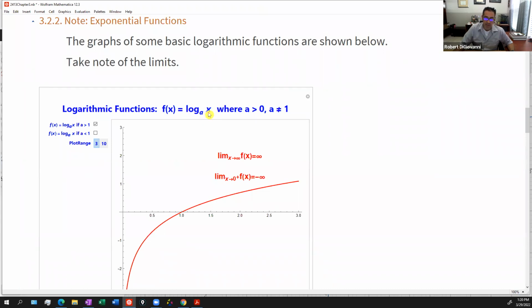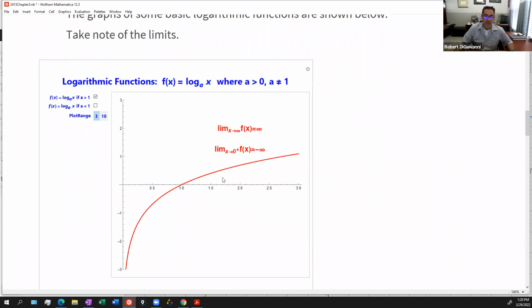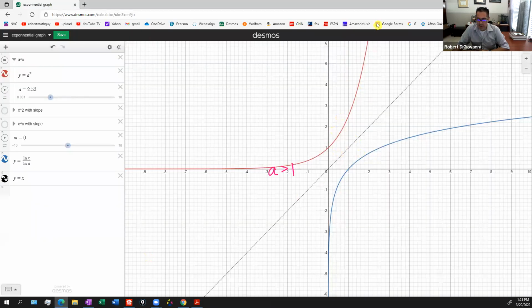Now what you're looking at here is the graph of a logarithmic function where the a is bigger than 1. If the base is bigger than 1, this is what you get. If I go back to the Desmos, you can see this is what we get when a is bigger than 1. We get exponential growth on the exponential function. So here's what the inverse function looks like, the reflection.